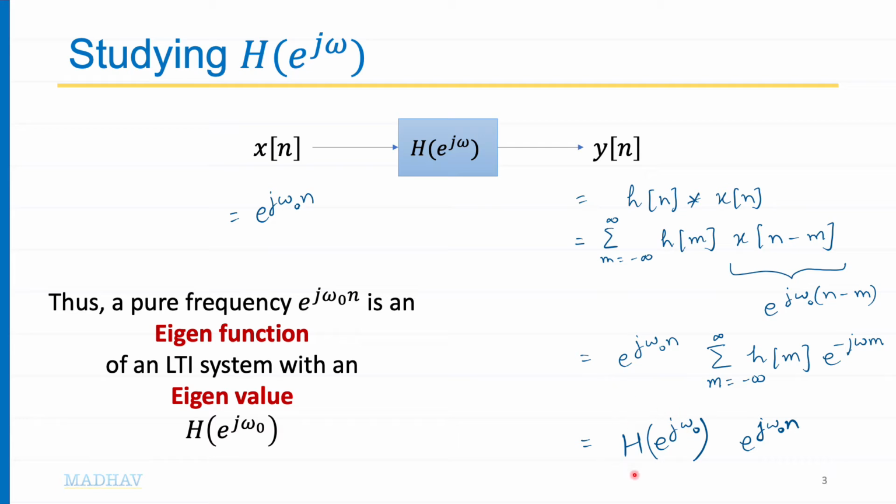And what is this scaling factor? This is called the eigenvalue, and this is my eigenfunction. This is basically the meaning of eigenfunction and eigenvalues of an LTI system. So a pure frequency is always an eigenfunction of an LTI system.